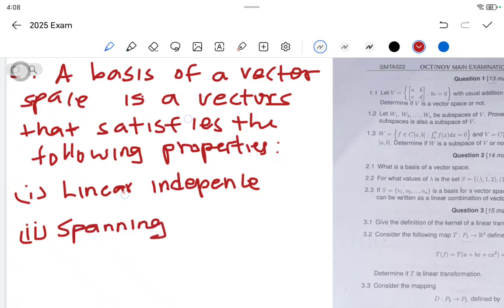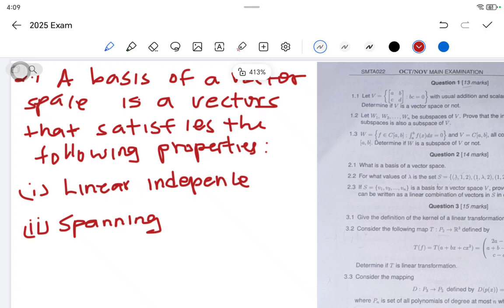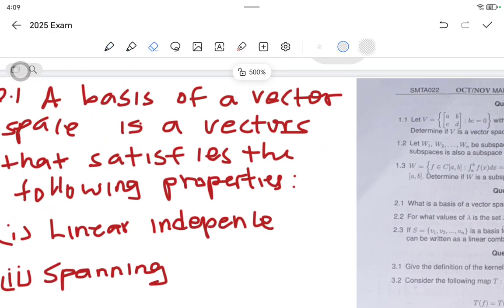You say, right? So we say that a basis of a vector space is a set of vectors that satisfies the following properties: linear independence. Yeah. Why am I skipping things?